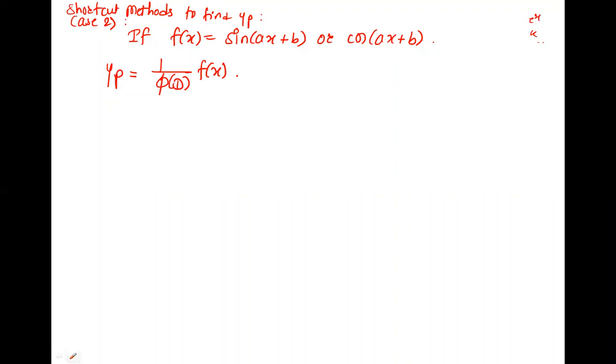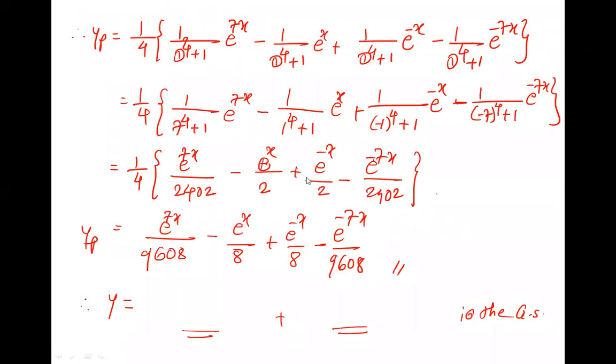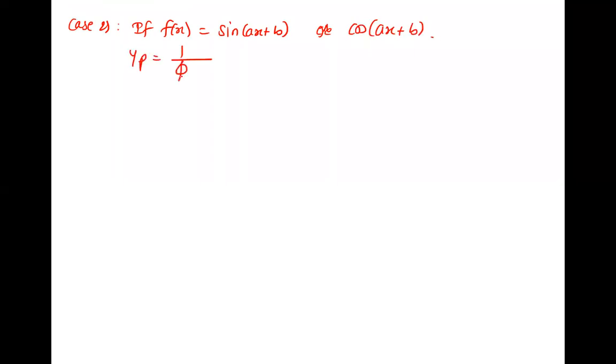Now if the function is clearly sine or cos, I'm writing YP as 1 upon phi d into f of x. This is the definition.